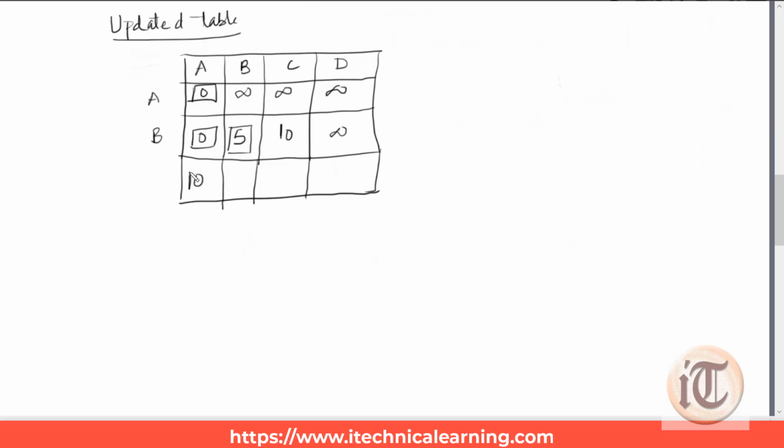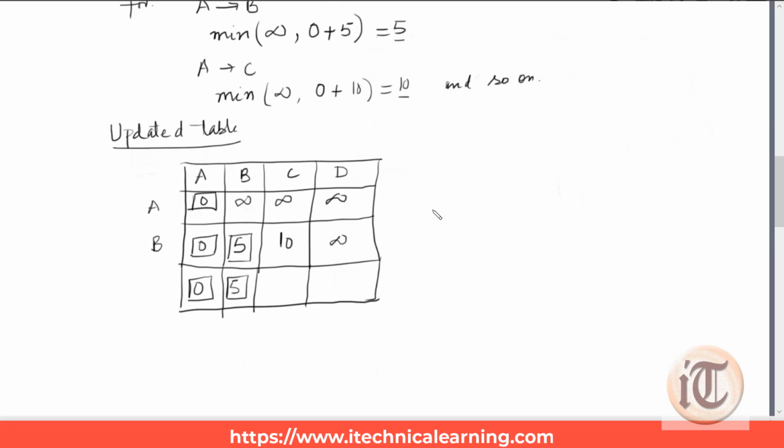0 was already marked, so we'll copy it. 5 was already marked, we'll copy it. Now we have 10 and infinity. Can we change the value of this 10? Let us check. What was the formula to update the value?